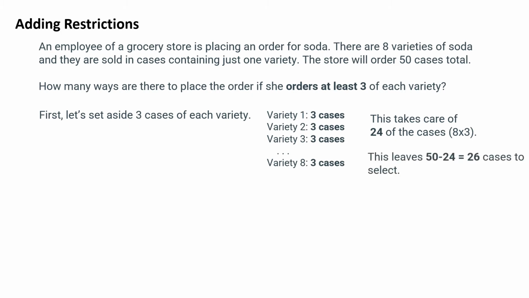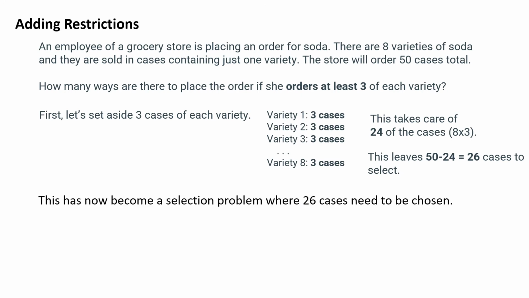So that just leaves 50 minus 24, which is 26 cases to select now, where there is an option here. So the 50 has gone down to only being 26, because there's only 26 cases that we have these different options for.